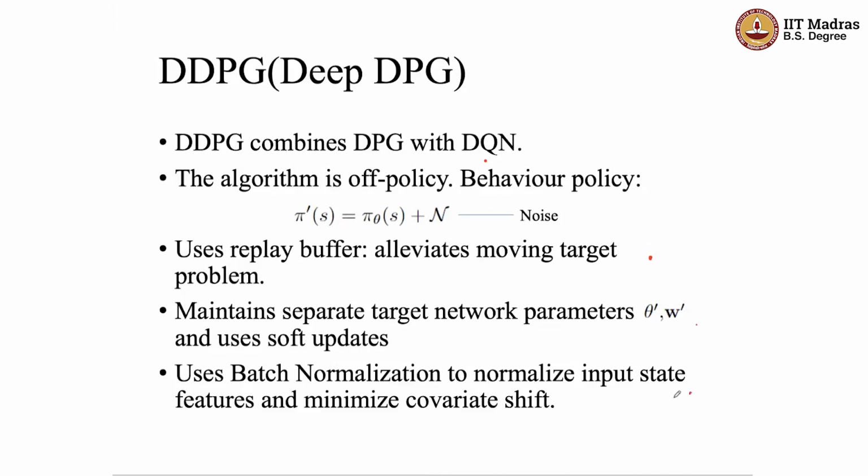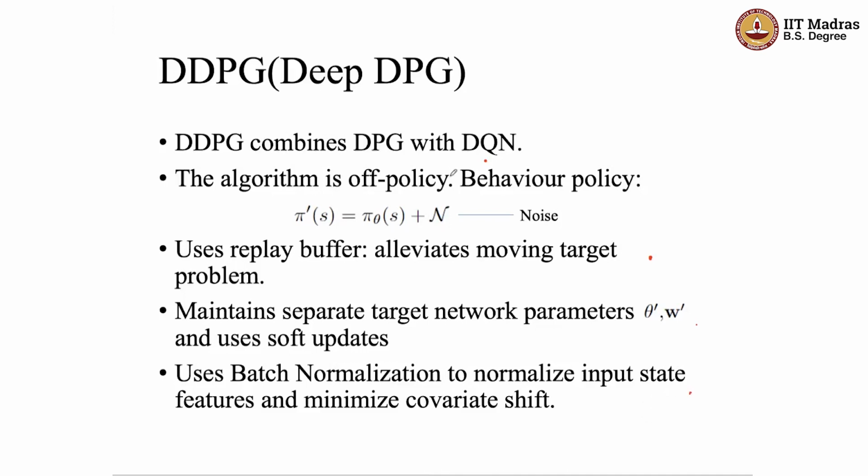Batch normalization is essentially, for every batch of samples that you take, you normalize the input so that network instability is minimized when training. So that's basically what happens with batch normalization.